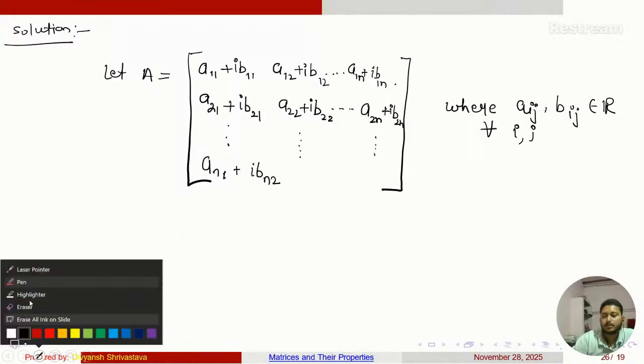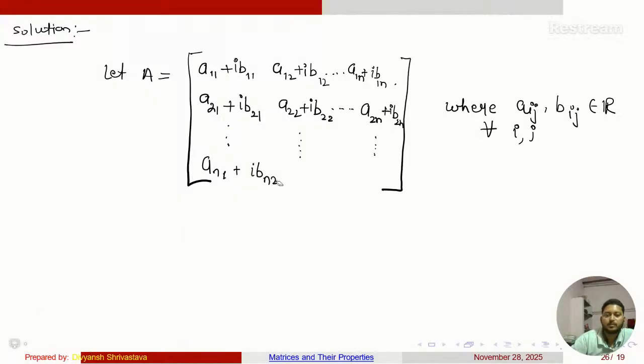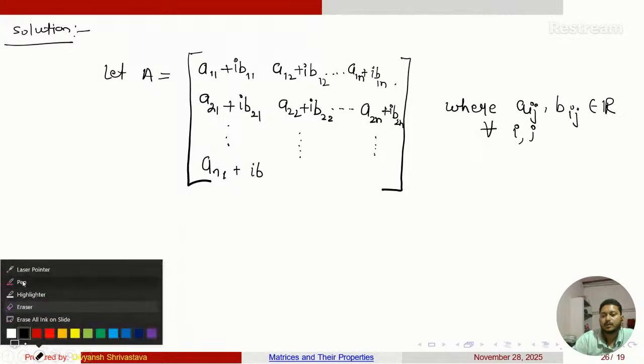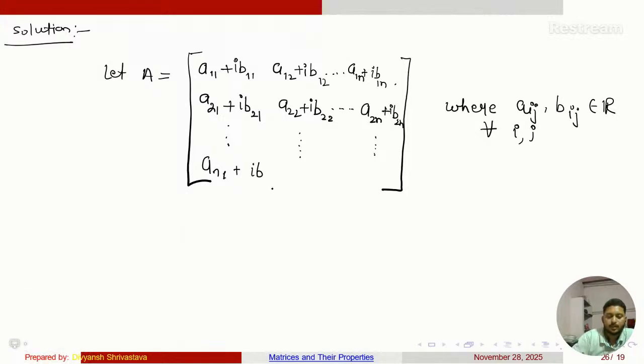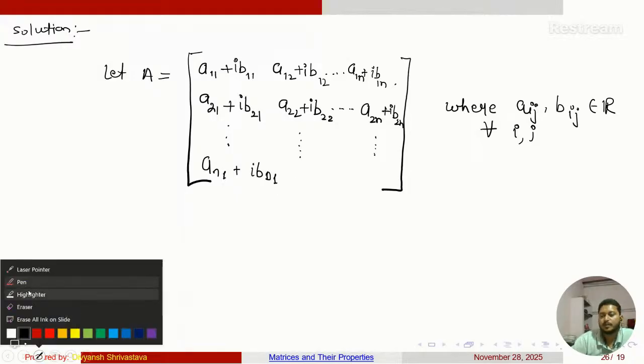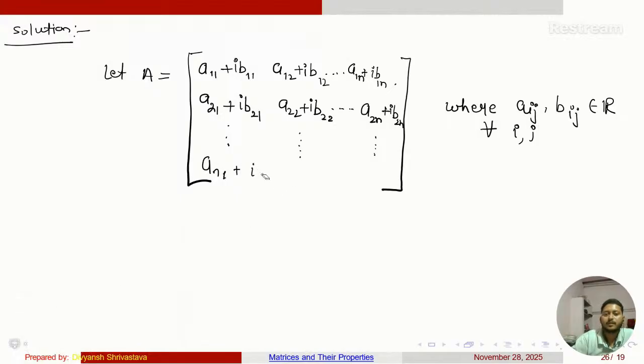Wait a minute, I made a mistake here, because these entries are related to column one, so an1 plus iota bn1. Wait a minute, I am very tired now, so my mind is stuck.